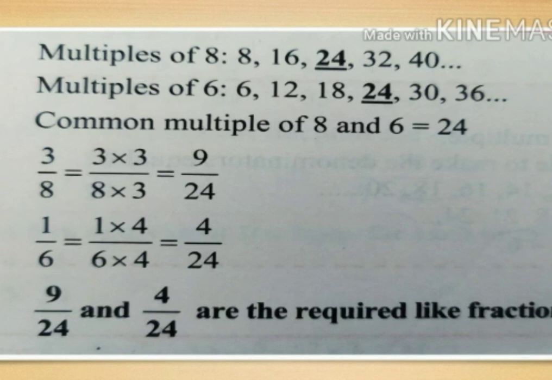Take first fraction 3 upon 8 and make 24 as a denominator. 3 into 3 gives us 9 and 8 into 3 gives us 24. Take second fraction 1 upon 6. 1 into 4 gives us 4 and 6 into 4 gives us 24. Therefore 9 upon 24 and 4 upon 24 are the required like fractions.